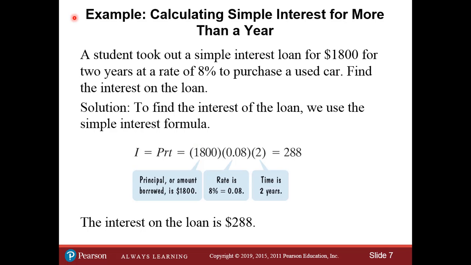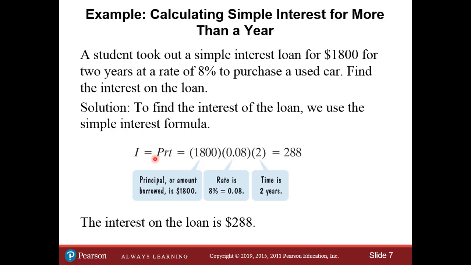Now, here a student took out a simple interest loan for $1,800 for 2 years at a rate of 8% to purchase a used car. It says find the interest on the loan. So the first thing you want to do is find the interest for the 2 years. So we're going to use the interest formula: principal times rate times time.